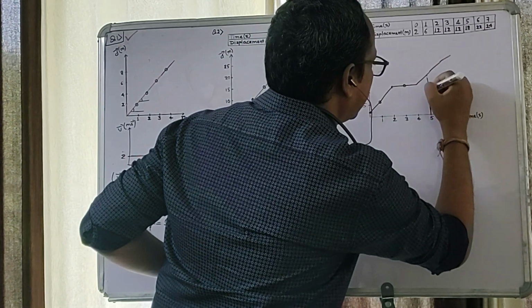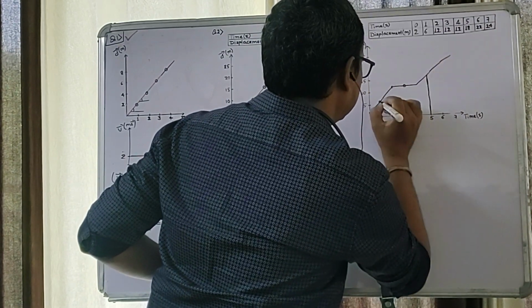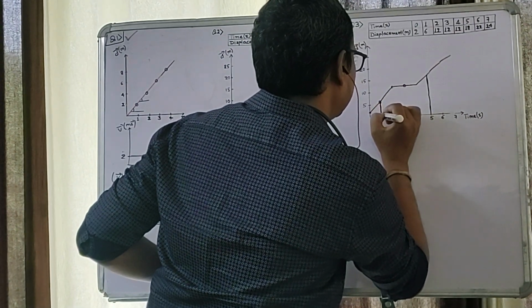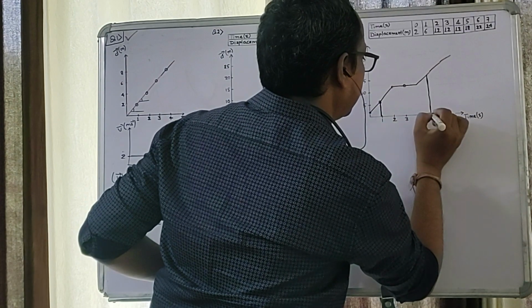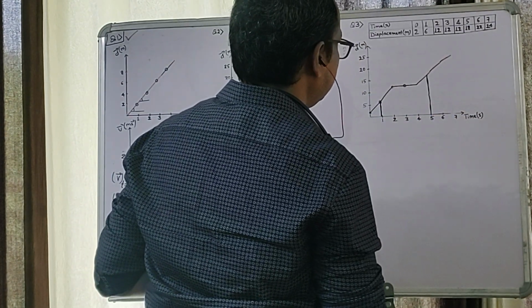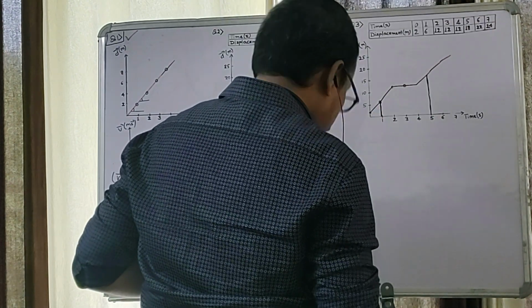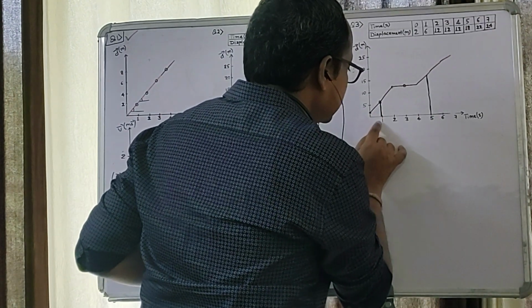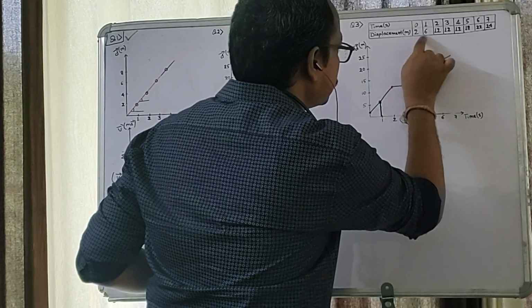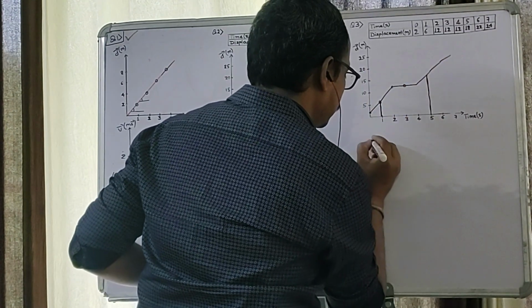So we can say that at the completion of 1 second, the displacement made by the body is 6 meters.